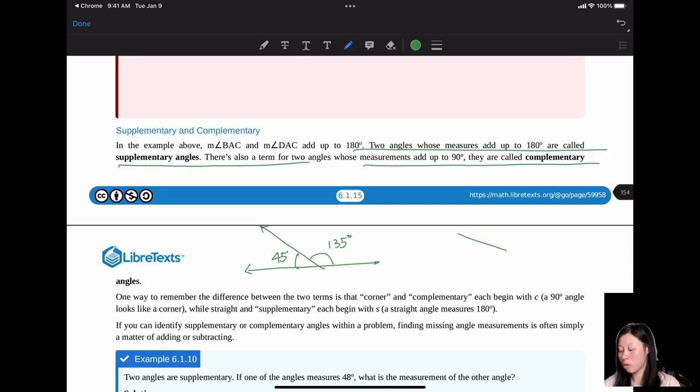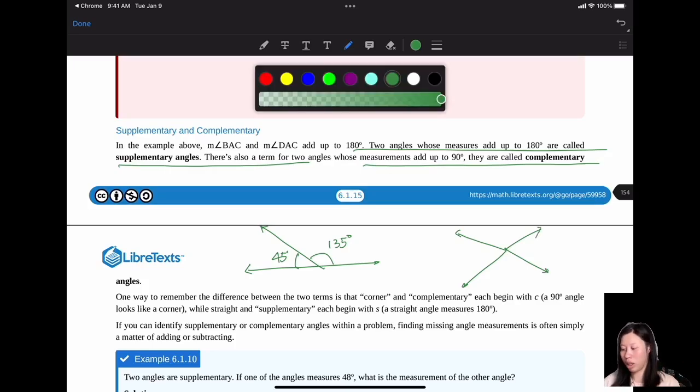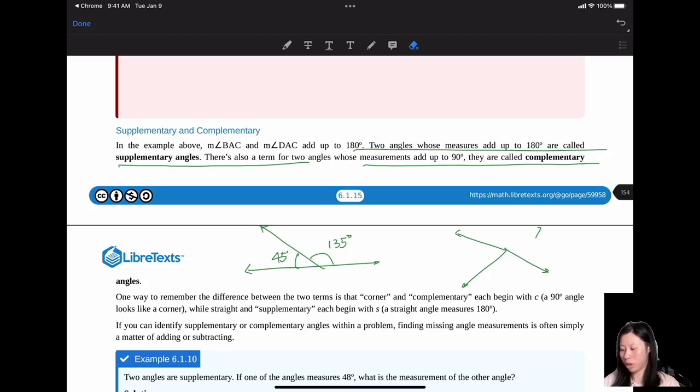But sometimes you might see something like this. I need to make this bigger. This is 114 degrees and this is 14 degrees. Wait, these two angles are also called supplementary angles. They don't need to be adjacent to each other. They don't need to share one ray.